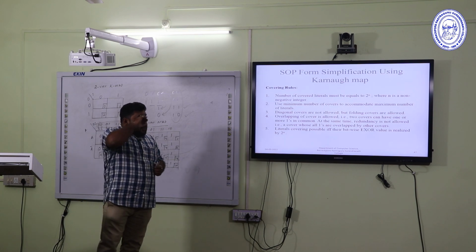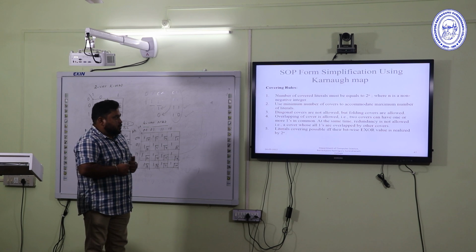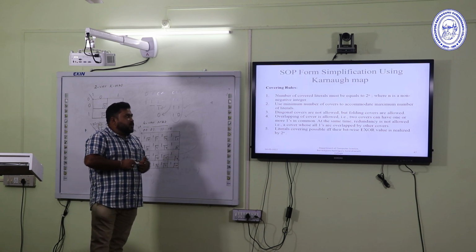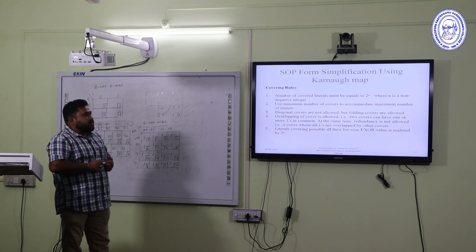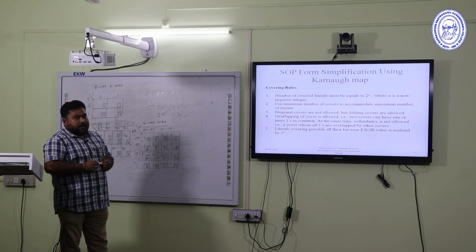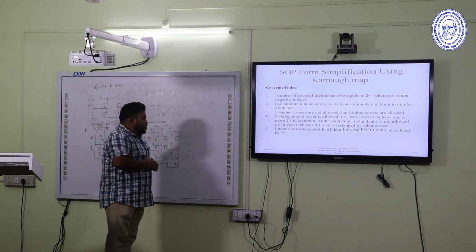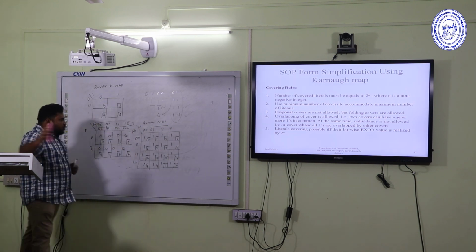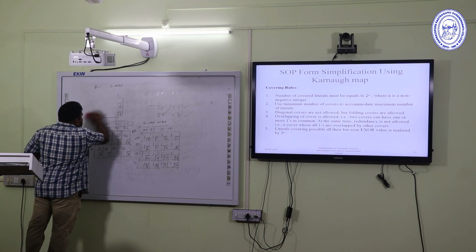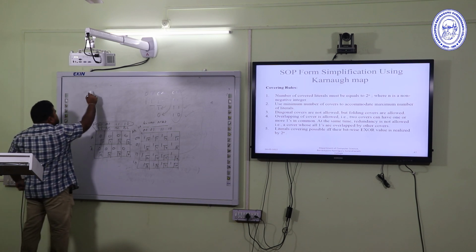Now the important thing is the map covering rules. The first rule is that the number of covered literals must be equal to 2 to the power n, where n is a non-negative integer. That means we have to cover those literals.